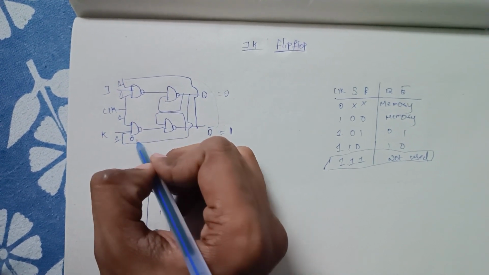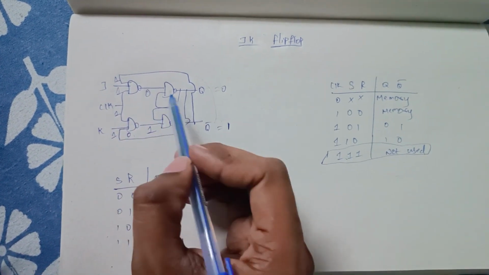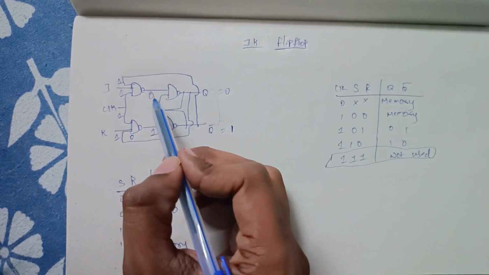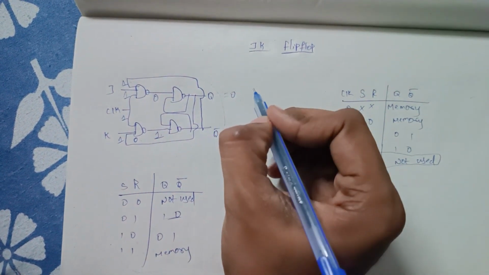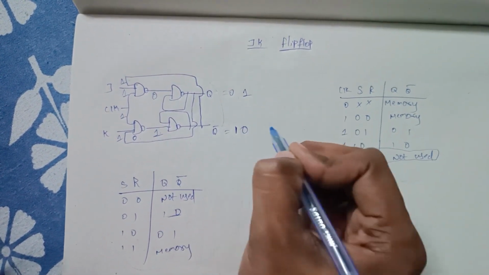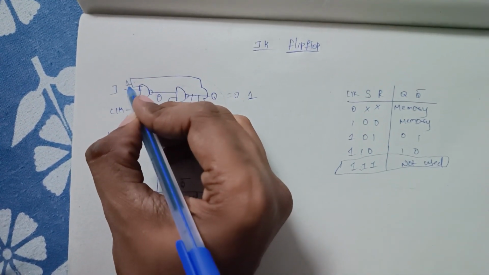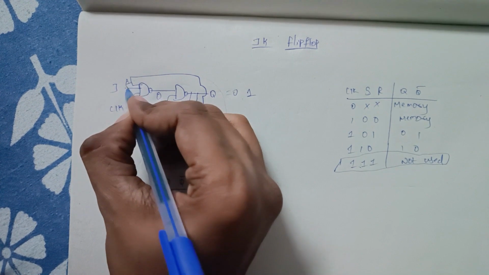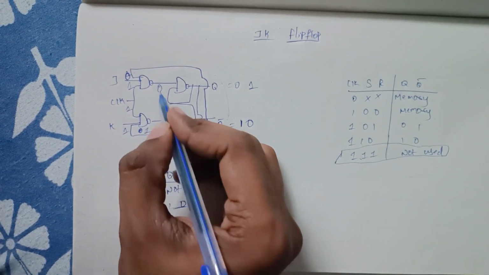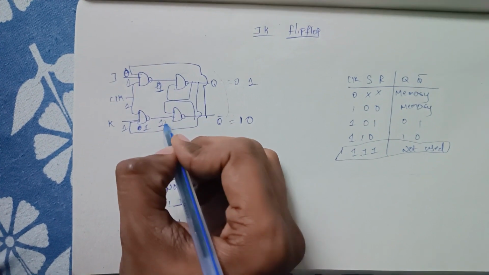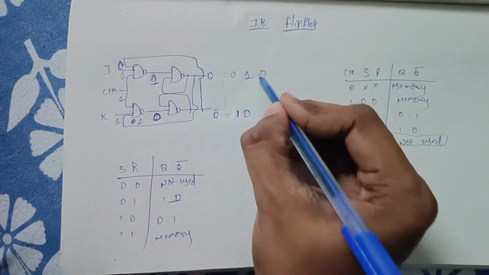Here 1, 1, 0 the output will be 1, here 1, 1, 1 the output will be 0. Here this is an SR latch, right? If the inputs are 0 and 1, what will be the output? 1 and 0. Now again this will be applied to these gates. Now here 0 will be applied, here 1 will be applied. Now here the output will be 1 and 0. Now if we apply 1 and 0, here 0 and 1.